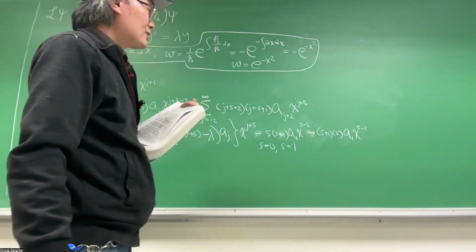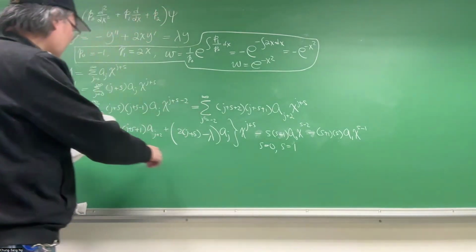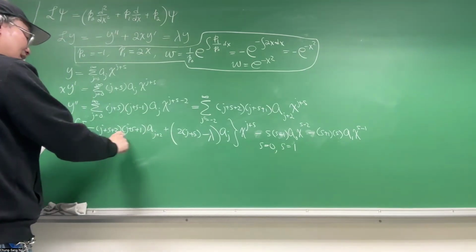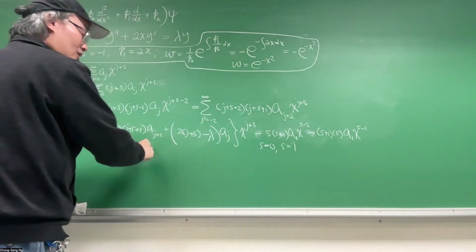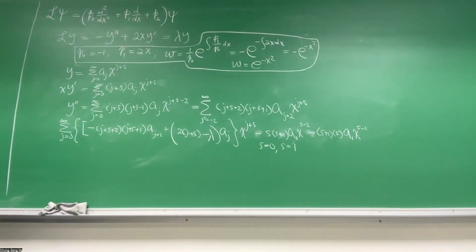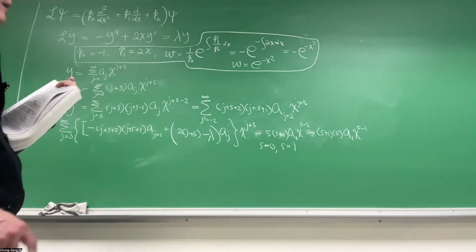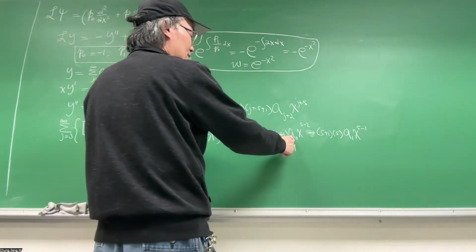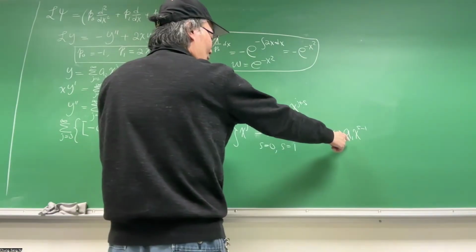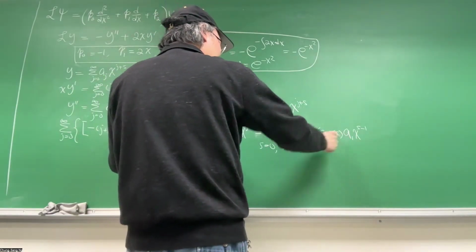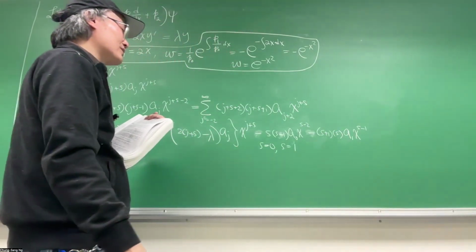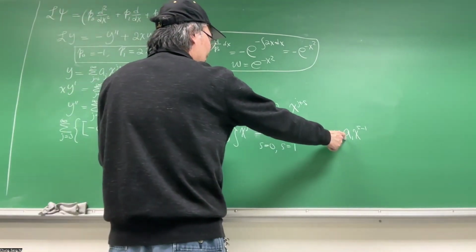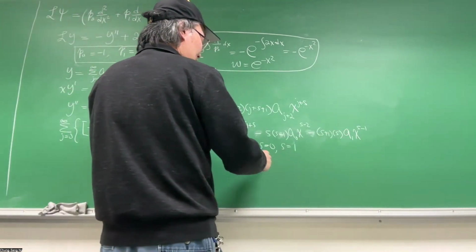You want two independent solutions, because in this recurrence formula, j is jumping by 2 always. So it has the odd or even symmetry. And so if you choose a sub 0 non-zero, then you don't want to start by mixing in a sub 1 non-zero. So you can set a sub 1 to 0 in that case.